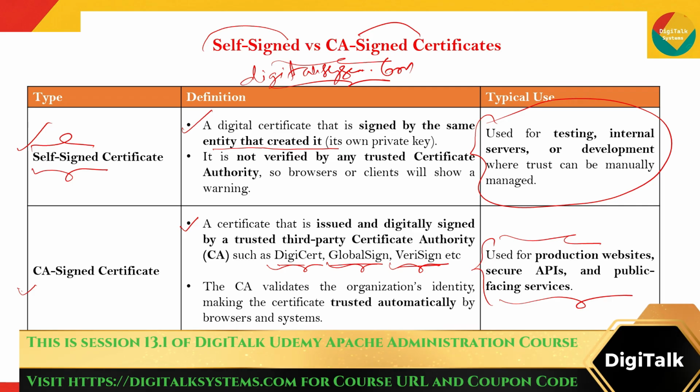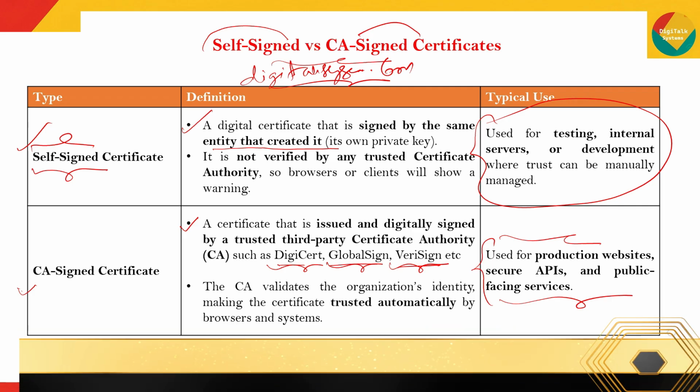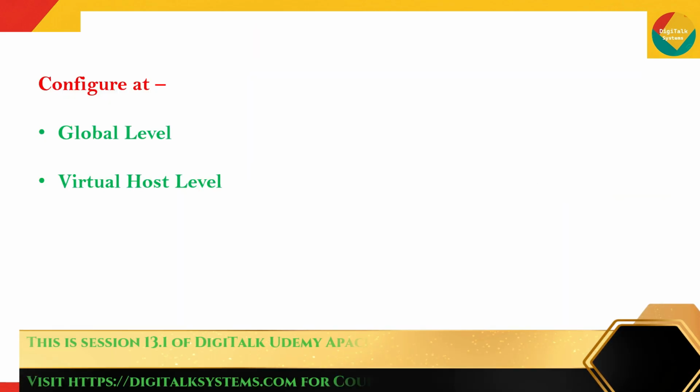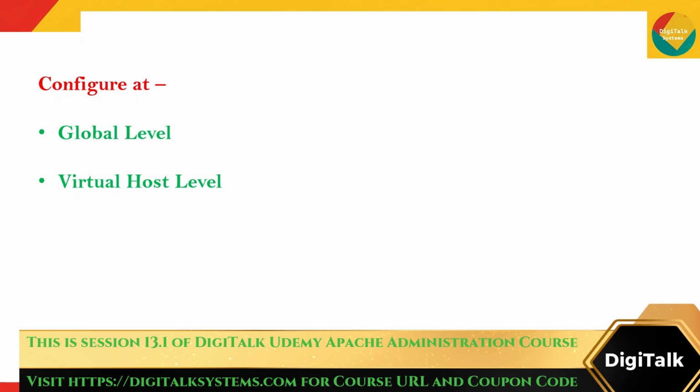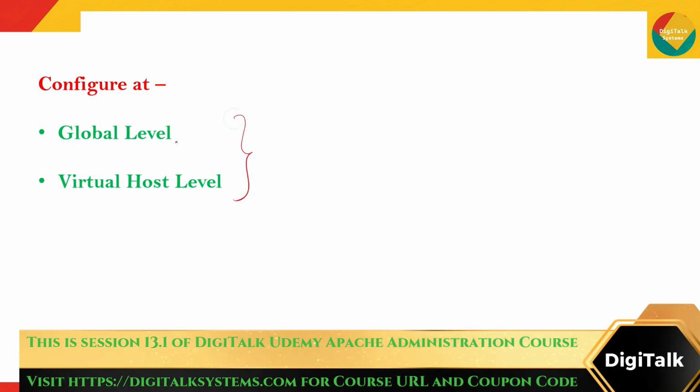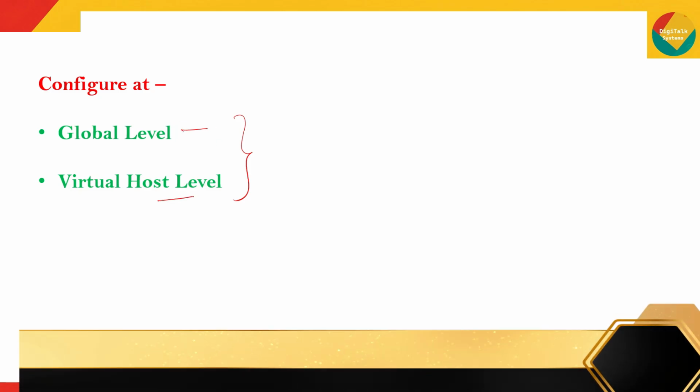We have a demo certificate authority, so we are going to use the certificate of the demo certificate authority. Now, apart from the configuration of the self-signed certificate and the CA certificate, we configure SSL in Apache at two levels, global level and virtual host level.